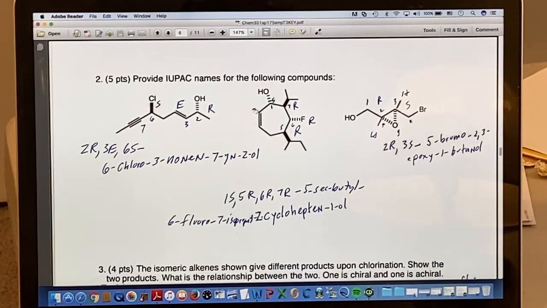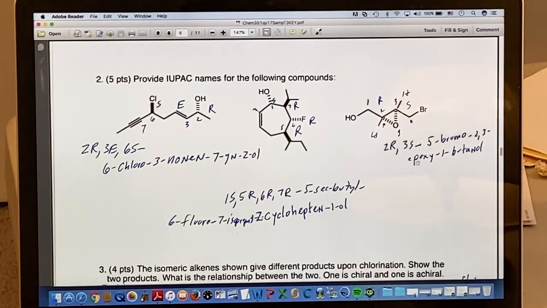Then the alcohol, then the next priority group is the alkene. So this is what? Cyclohepten-1-ol. 2 here is the position of the alkene. Then everything else is just numbered around relative to that. Epoxides, we know how to name those. They're epoxy alkanes, but this is an epoxy alkanol.